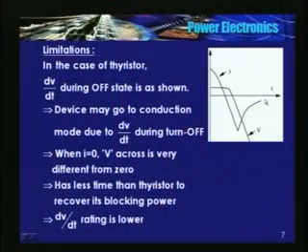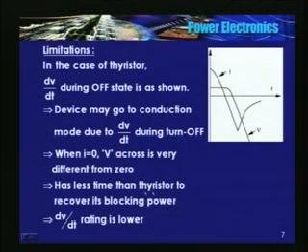See, this apprehension was not there in the case of a thyristor, because there is only one device, it has to block in the reverse direction as long as voltage across it is less than the reverse breakdown voltage. But in a triac there are two equivalent thyristors, connected back to back. So when a reverse voltage is being applied to one of them, a forward voltage appears across the other thyristor.